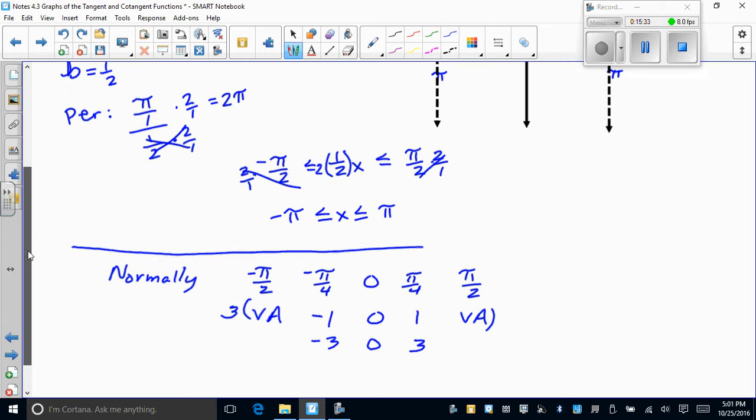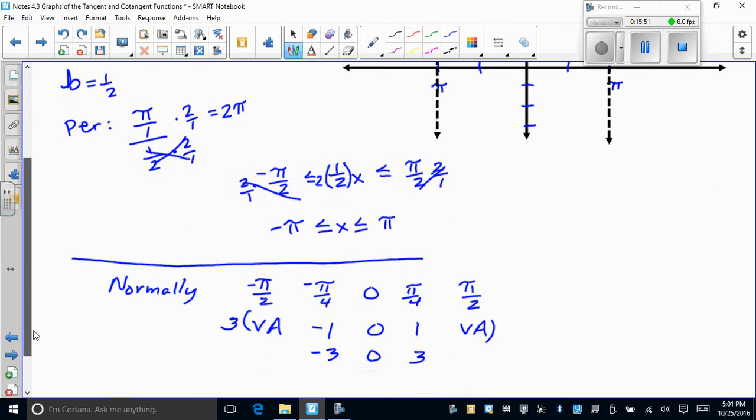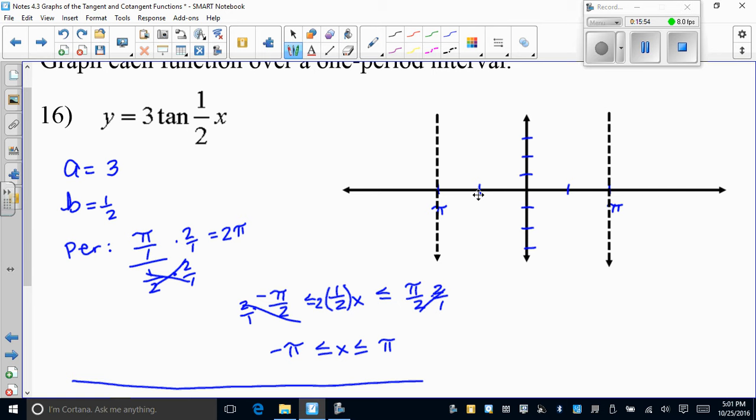So there's 1, there's 2, there's 3, there's 1, there's 2, there's 3. So at this point here, I believe it's going to be -3, 0, and then here it's going to be up to +3.